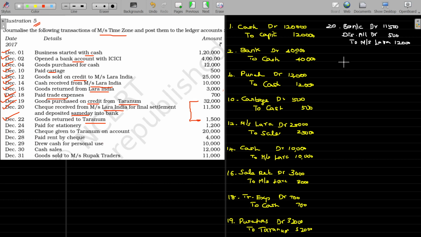So on the date of this transaction being 22nd, purchases should be debited, purchase return should be credited. So Taranam account debit to purchase return. The value being 1,500.